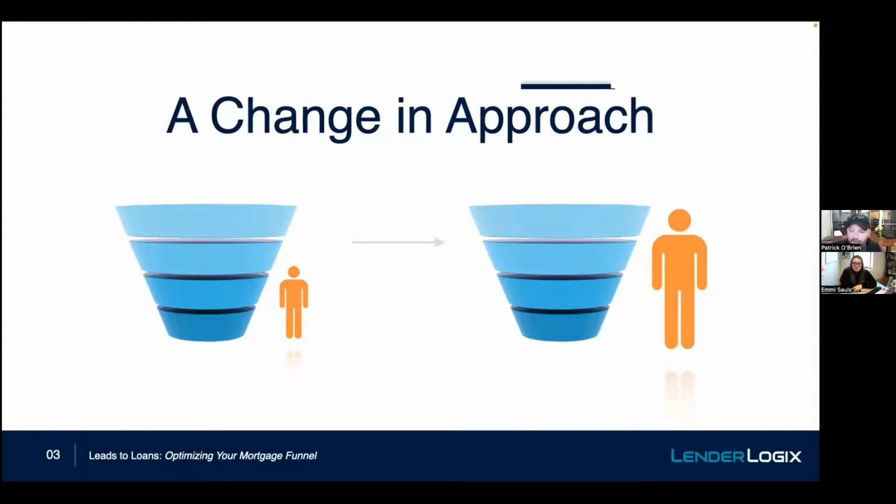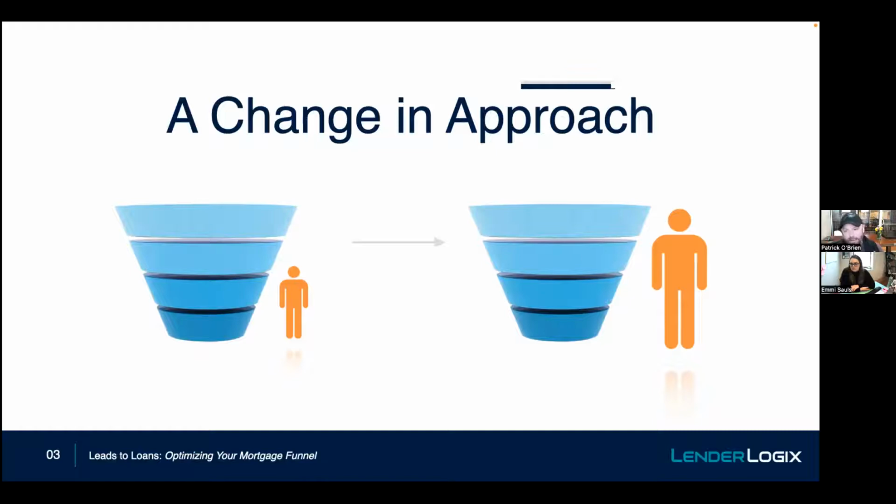And now we're finding ourselves in a situation where loan officers need to engage with the borrower for a longer period of time. You might need to talk to a borrower for 6 months, 12 months, 18 months. They might be 18 months away from getting a contract on a house. So they're coming into our ecosystem, but they're not quite ready to sign that contract.